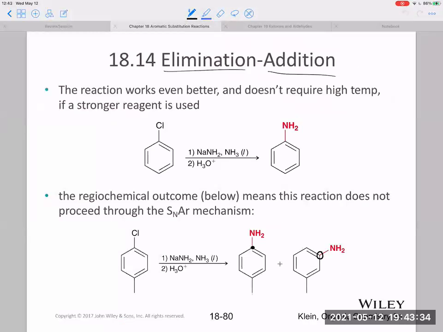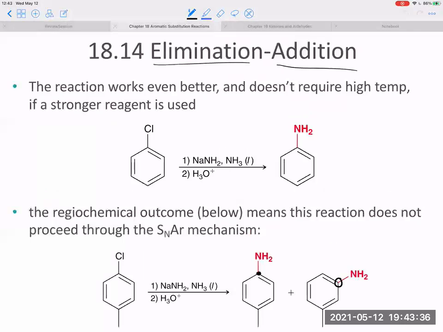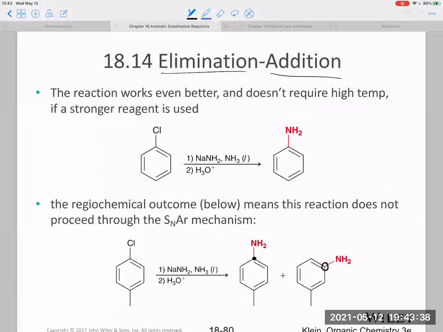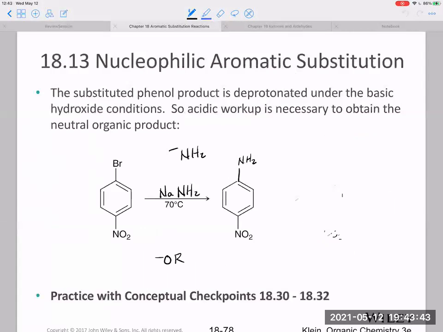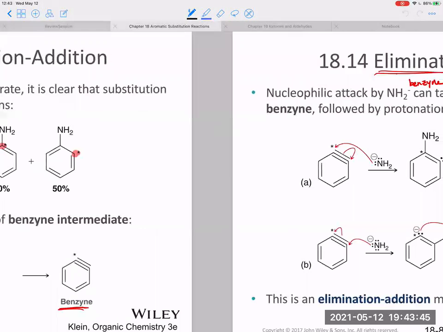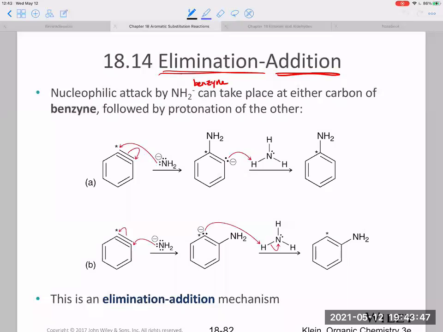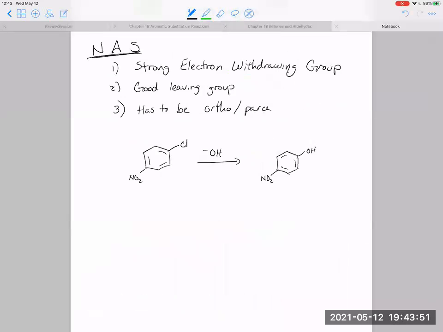All right, and then the last one that I want to talk about is another type of mechanism that we learned. Let me see where it is. Okay. Something that we learned called an elimination addition reaction. These are very similar to the nucleophilic aromatic substitution reactions, except you have a compound that has a good leaving group, but it doesn't have your strong deactivator on there.